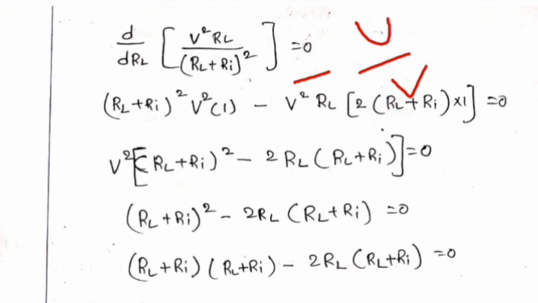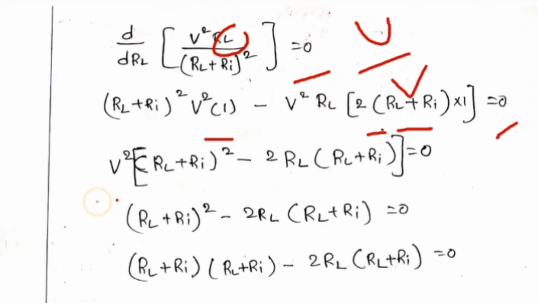Now U is V square RL, its differentiation is 1 because the variable is RL, so it equals 1. By differentiating that, (RL plus RI) square into V square into 1 minus V square RL, differentiation of (RL plus RI) square, that is 2 (RL plus RI) into 1, equal to 0.